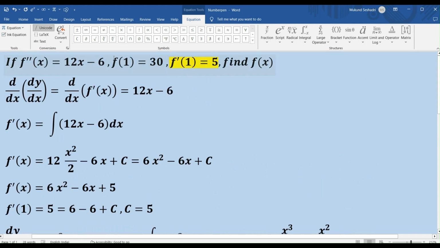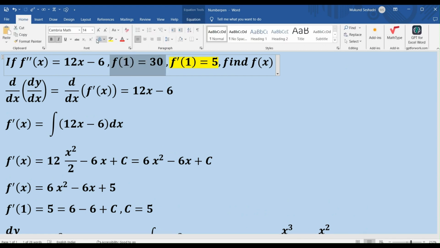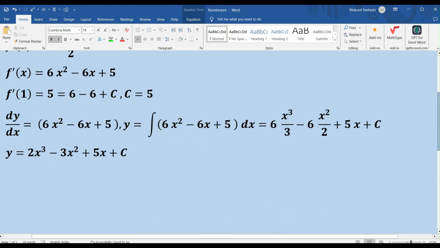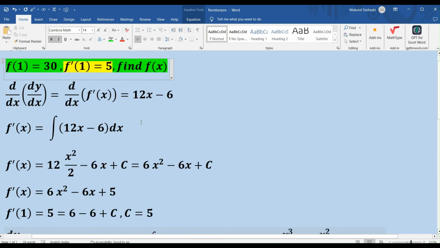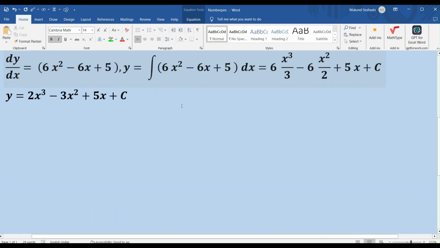I realize that I've been given f of 1 equals 30, right? So let me highlight that in a different color, say green. When my f of 1 equals 30, I substitute for 1 here.